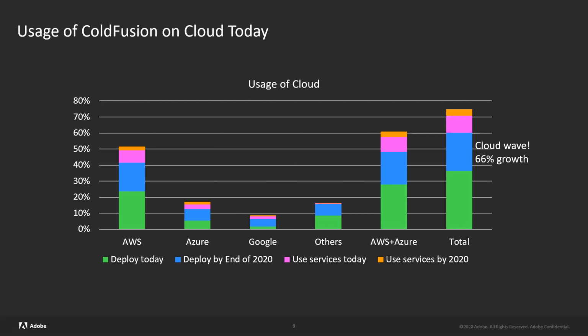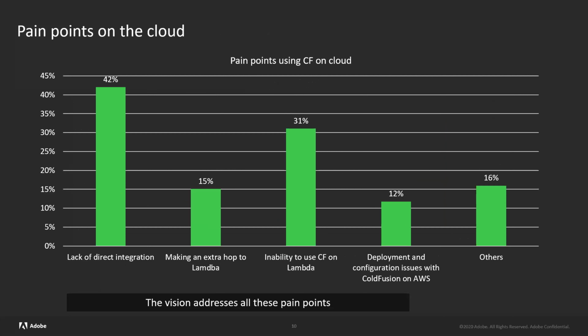And there were gaps, there were pain points that our customers and developers used to face with ColdFusion on the cloud. And that's what we are significantly addressing in Project Stratus. Okay, so here are the top pain points that we heard from our developers and customers. The first pain point, 42% said, is the lack of direct integration.